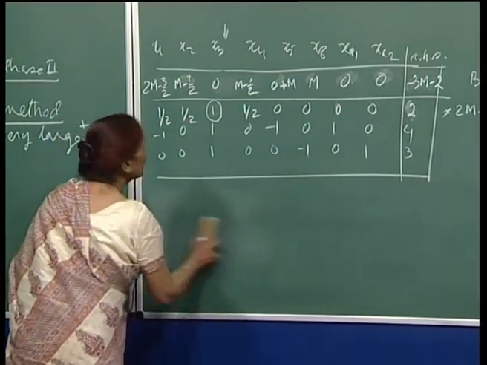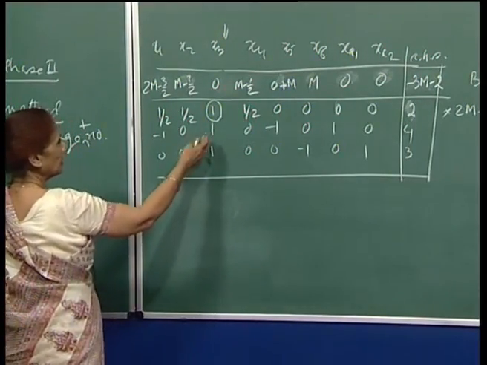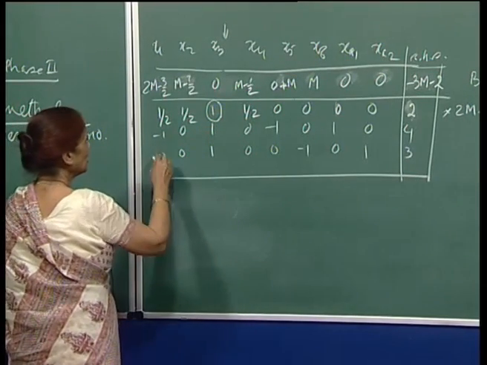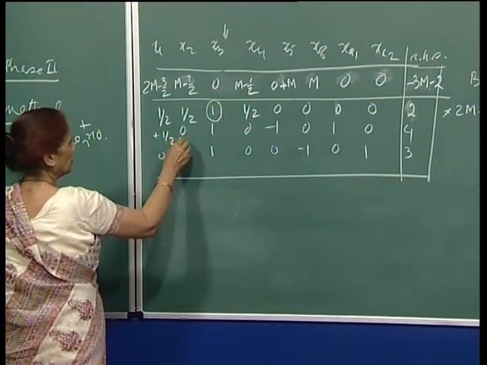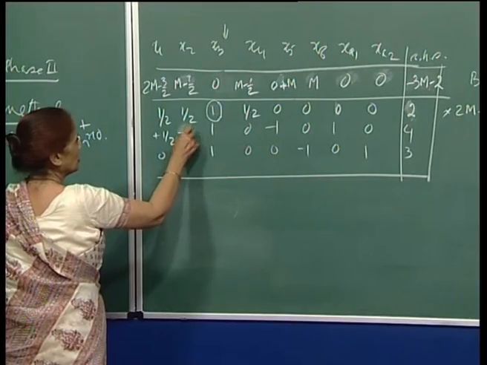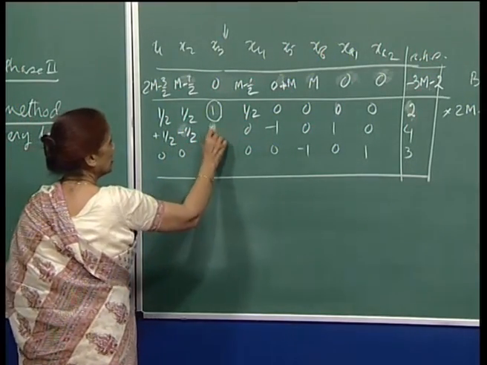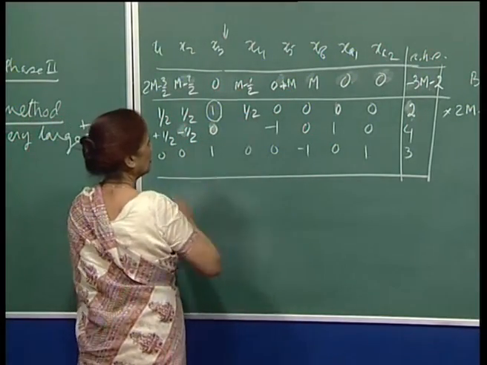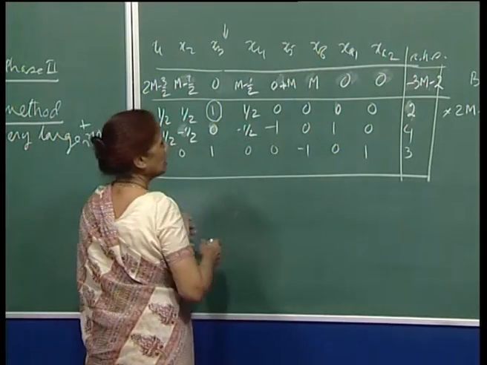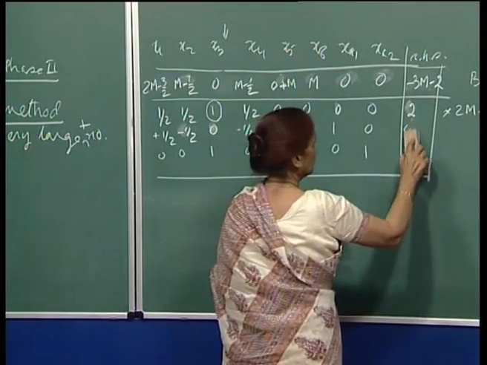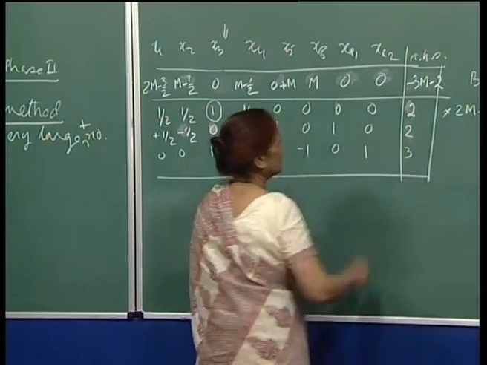So, the value has improved, right. Okay. Then you want to make zeros here quickly. So, just subtract this from here. So, this becomes plus half, this is minus half, 0, minus half, and then this is 2. Okay.